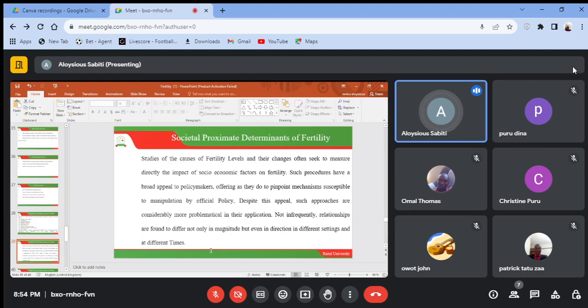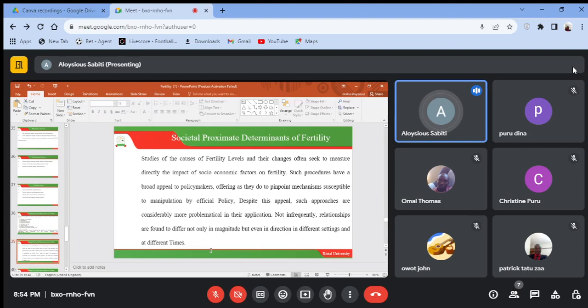The appeal to policymakers is that they pinpoint mechanisms susceptible to manipulation by official policy. Despite this appeal, such approaches are considerably more problematic most of the time.